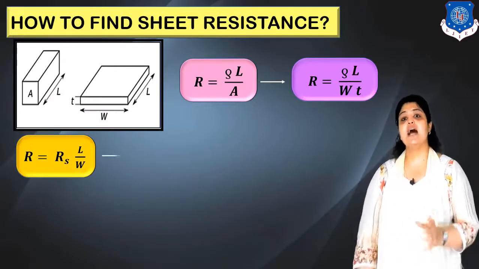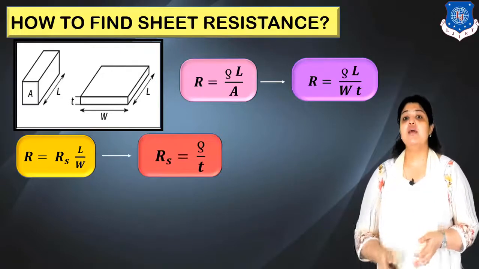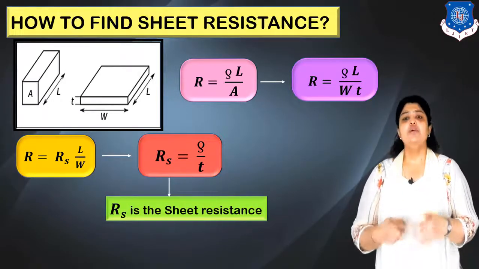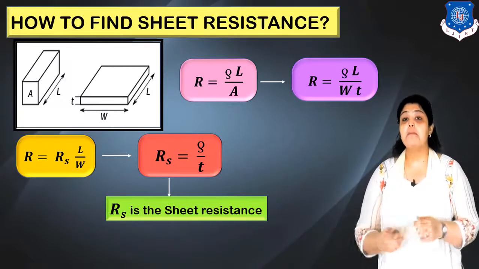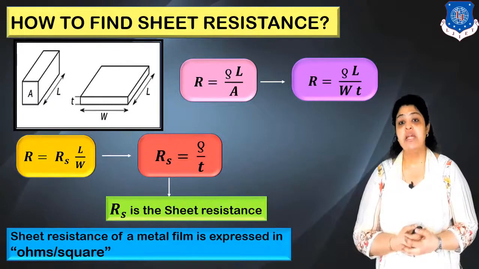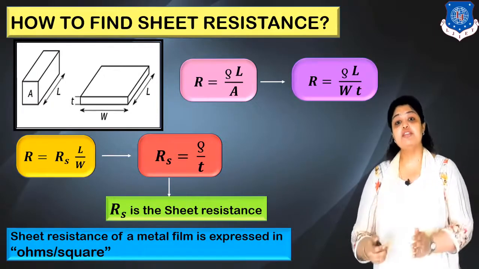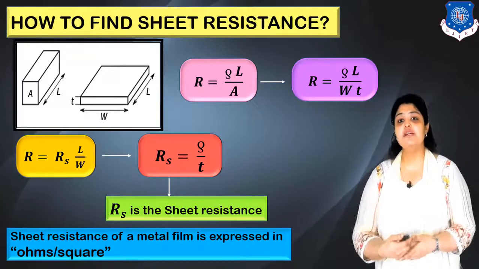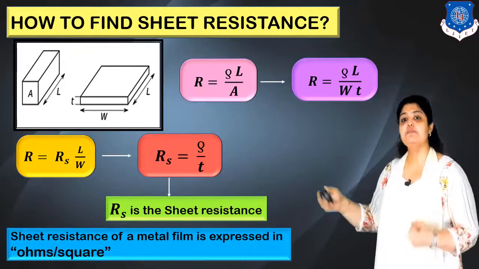This gives us RS equals rho by T, where RS is known as sheet resistance of the sample. We know the unit of resistance is ohm, but the unit of sheet resistance is denoted as ohm per square. Because we use this property to measure resistance of thin films, we denote it by ohms per square.